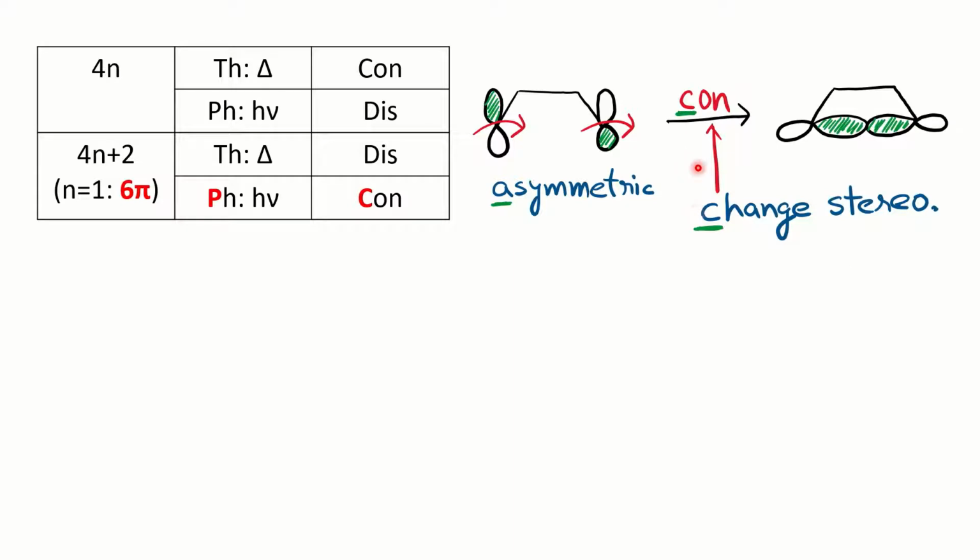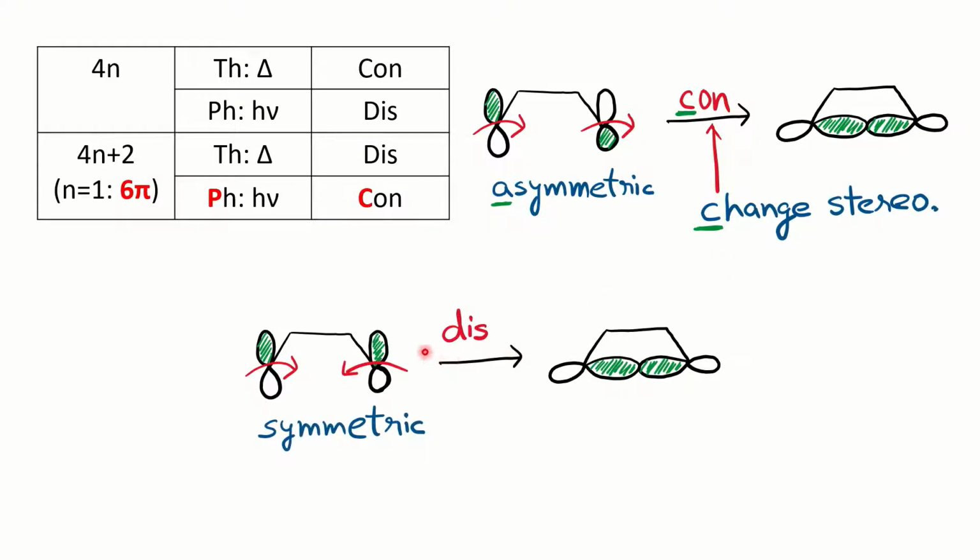And how to keep it in your mind: as I have underlined here, C and C. C for conrotatory, C for change in stereochemistry. And one thing is asymmetric here. If you know about symmetry, it has C2 symmetry. So you can keep that in your mind also: C2 symmetry, conrotatory and change.